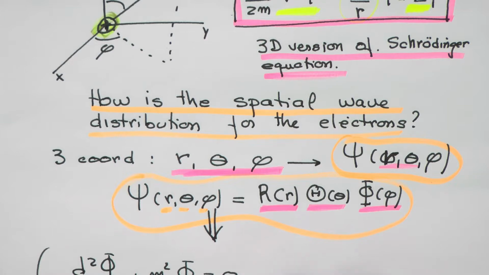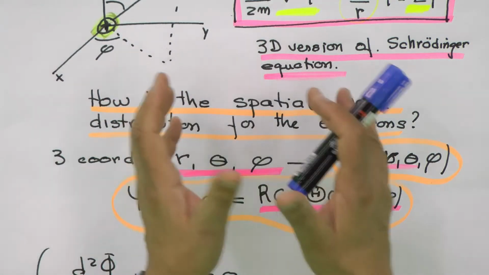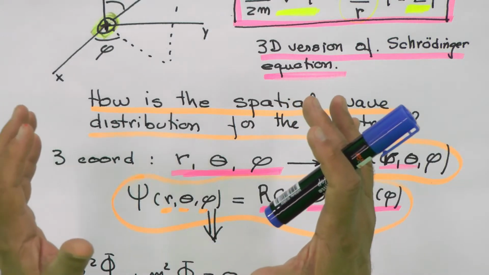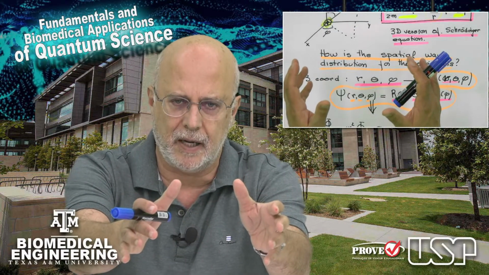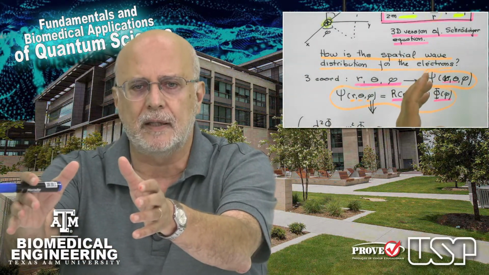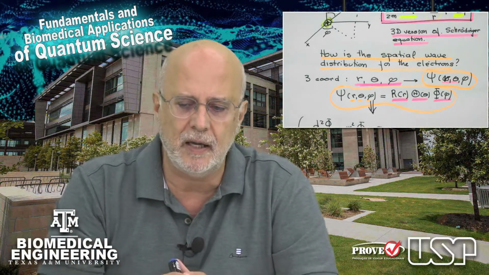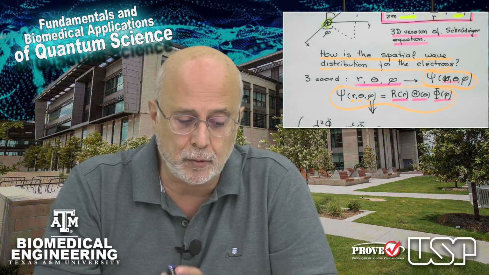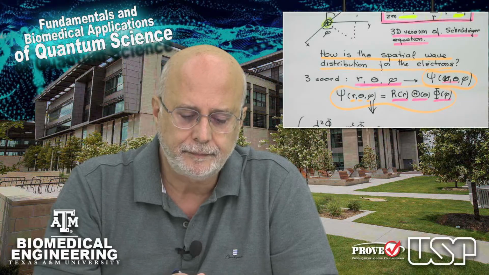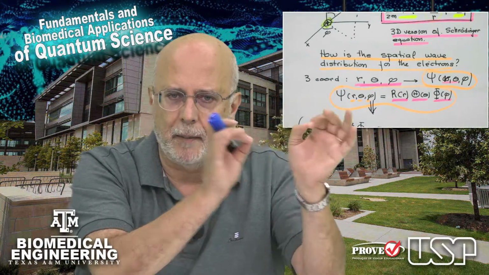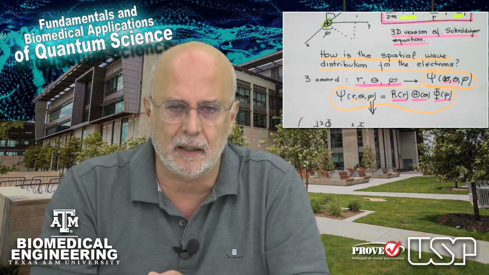And when we do that, it turns out that we're going to get a sum of three terms: one that depends on the radius, one that depends on theta, one that depends on phi. And because this has to be valid for any angle, they must be independent. They must be like a constant.